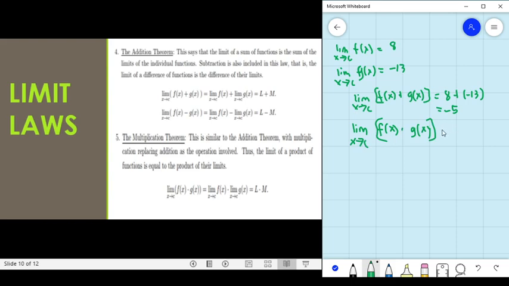So just multiply 8 times negative 13, which is equal to the negative of pila man na, 104. 8 times 3 is 24, 8 times 1 is 8, 9, 10. So that's it.